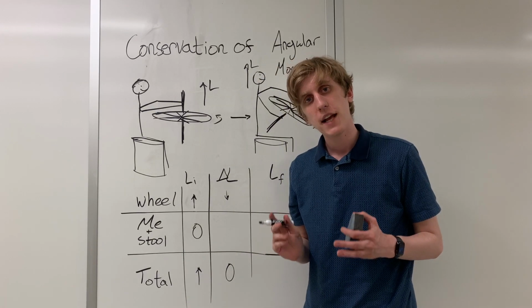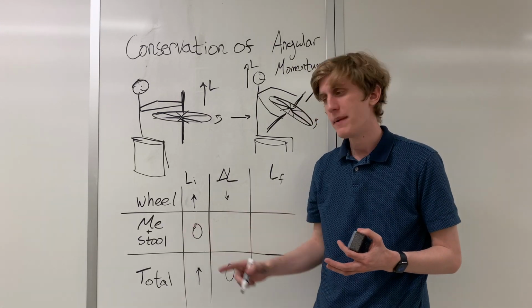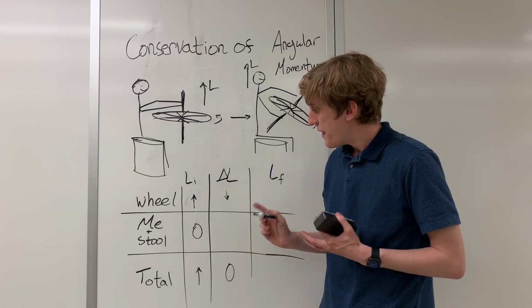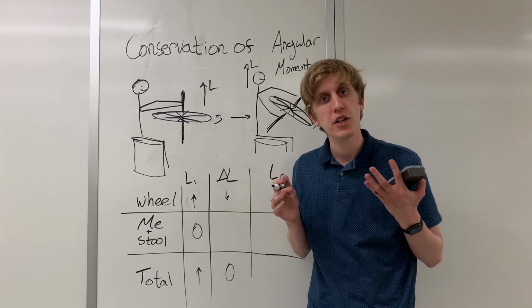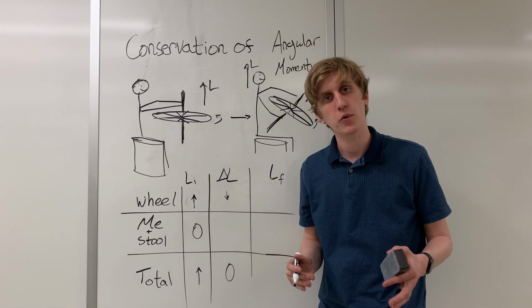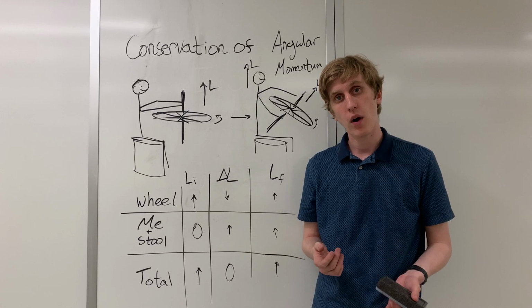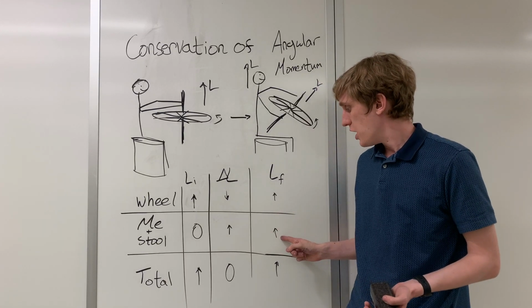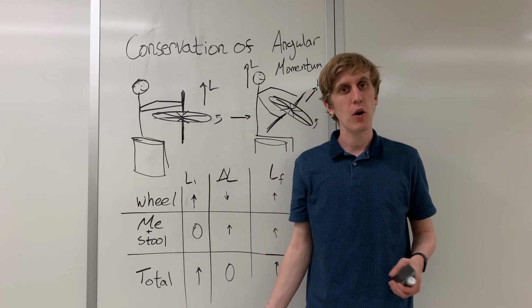There are no torques acting on the system that can affect the vertical component of angular momentum. So what must the change in angular momentum in the vertical direction be for me and the stool? The answer is it just has to be equal to and opposite the change in the angular momentum in the vertical direction for the wheel. The prediction, therefore, is that me and the stool will have some angular momentum in the vertical direction once the wheel has been rotated.